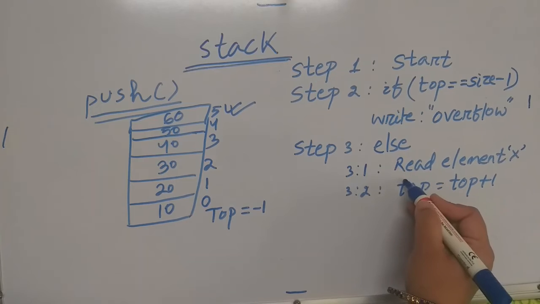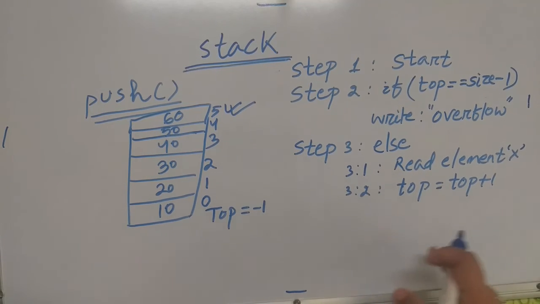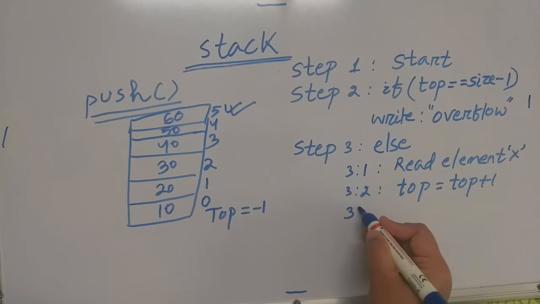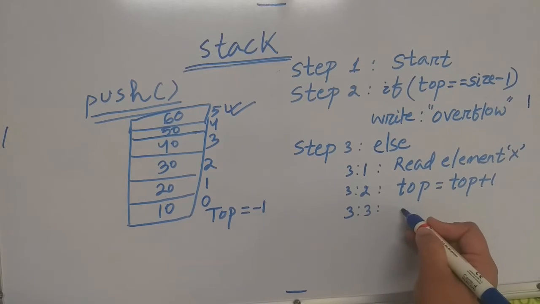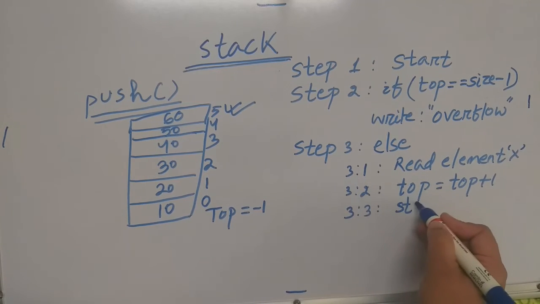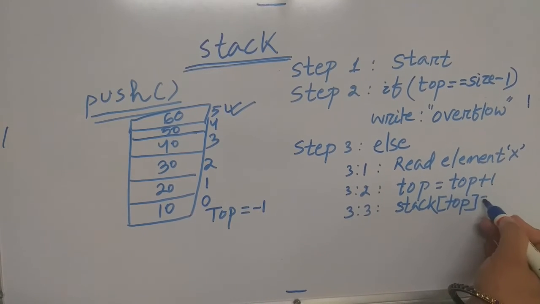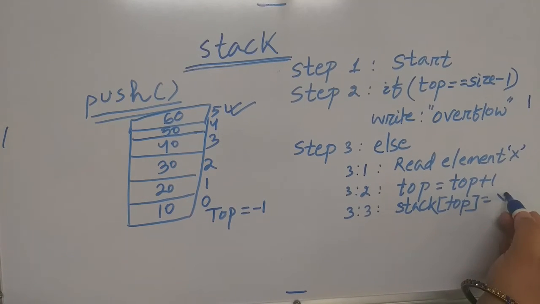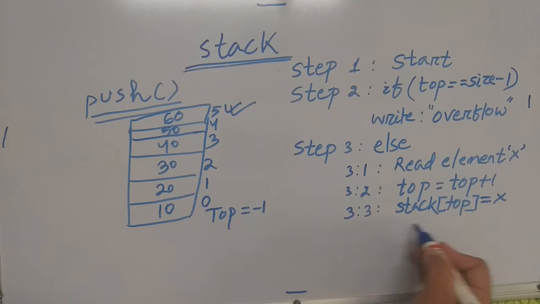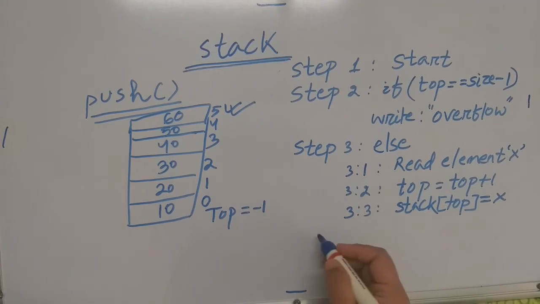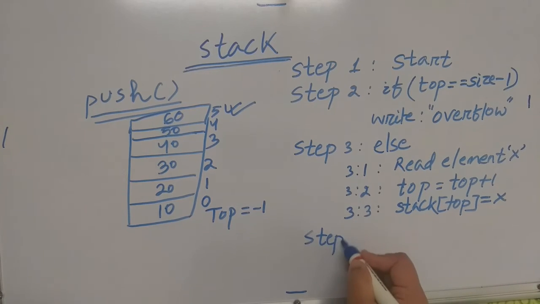I already mentioned that top equal to top plus 1. Then another, you write down stack top is equal to x. That means whatever element you want to store, you write down there. Then step 4.